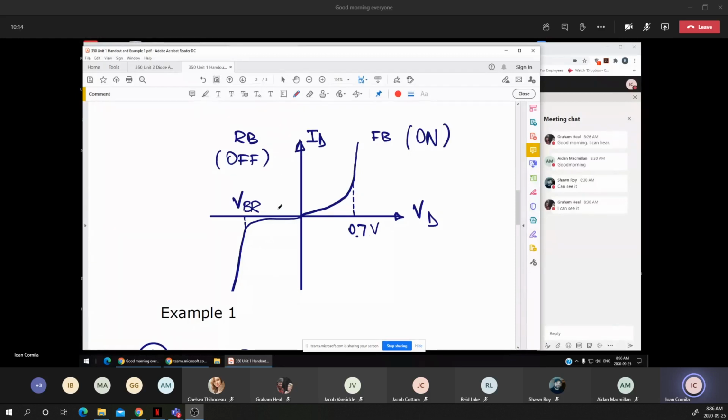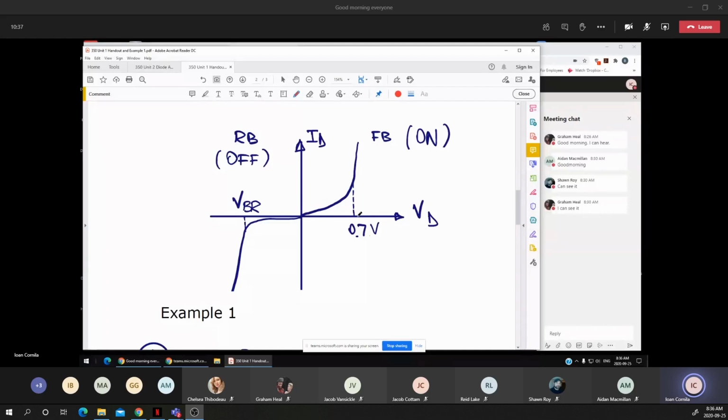You notice that, again, in the reverse bias, the current is very small. And I mentioned a few times that current is in terms of nano or micro amps. Most of the time we make the assumption that if the diode is in reverse bias, the current is equal to 0.